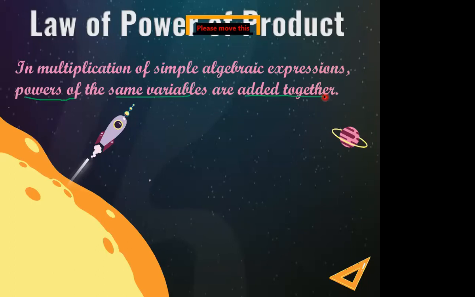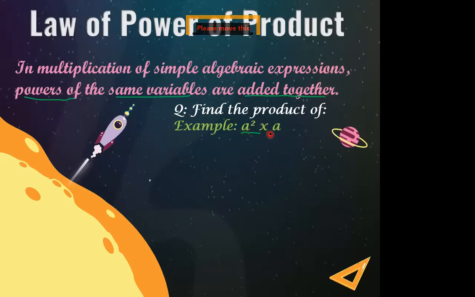Now look here. Just suppose this is an example where you have to find the product of this one, meaning you have to multiply a squared with a. The variables are the same, but the power of a here is 2 and the power of a here is 1.